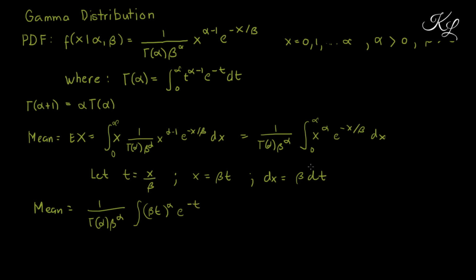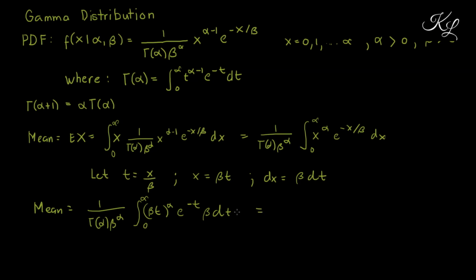And dx is this one, beta times dt. This is from, if x equals 0, then t is 0. And if x is infinity, we'll have t is infinity. It's okay to do that since this one is 1 to 1. We will have no problem with the transformation.